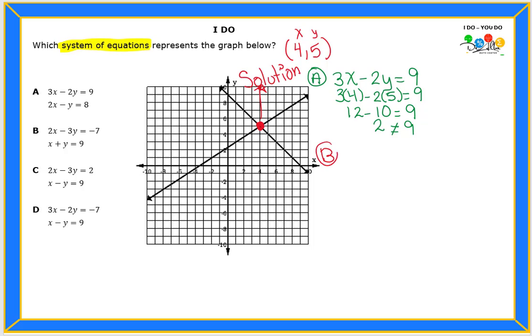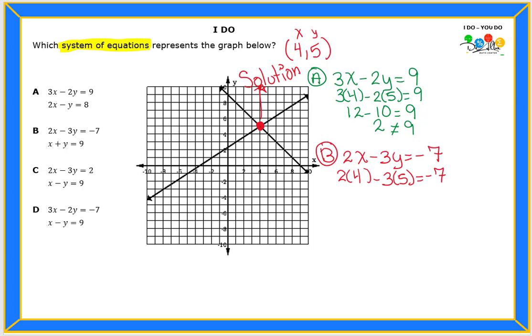Let's look at B now. B has the equation 2x minus 3y equals negative 7. Okay, so we're going to do the same process. I will replace x with the 4 and y with the 5.